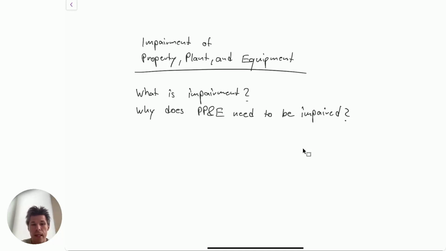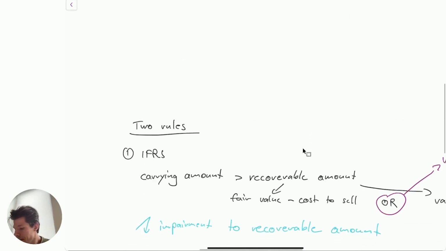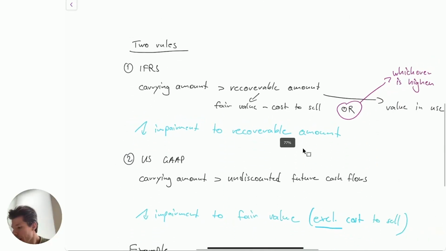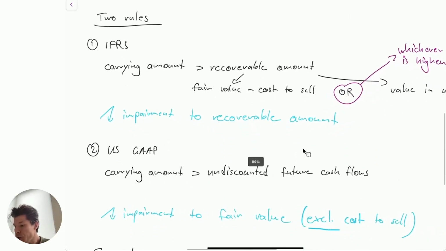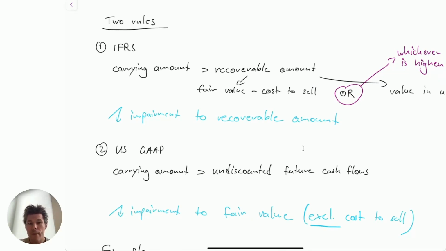Let's get started. Two things. First, IFRS. What you do to check whether you need to impair the asset is you compare the carrying amount with the recoverable amount.